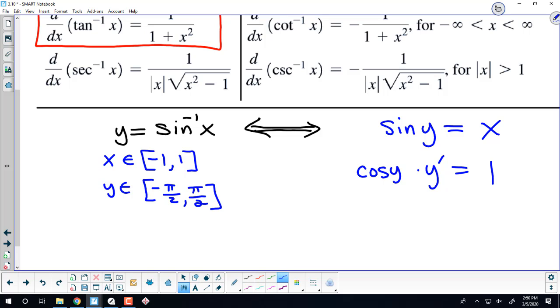So, looking at the formula for the derivative of inverse sine, it's 1 over the square root of 1 minus x squared. It doesn't look great at this point because we have things in terms of y, and we've got a trig function in there.